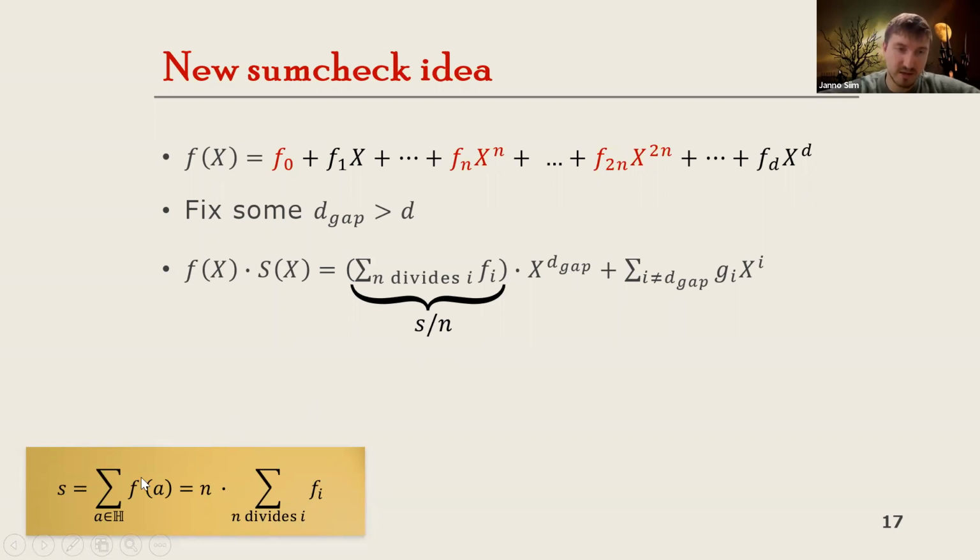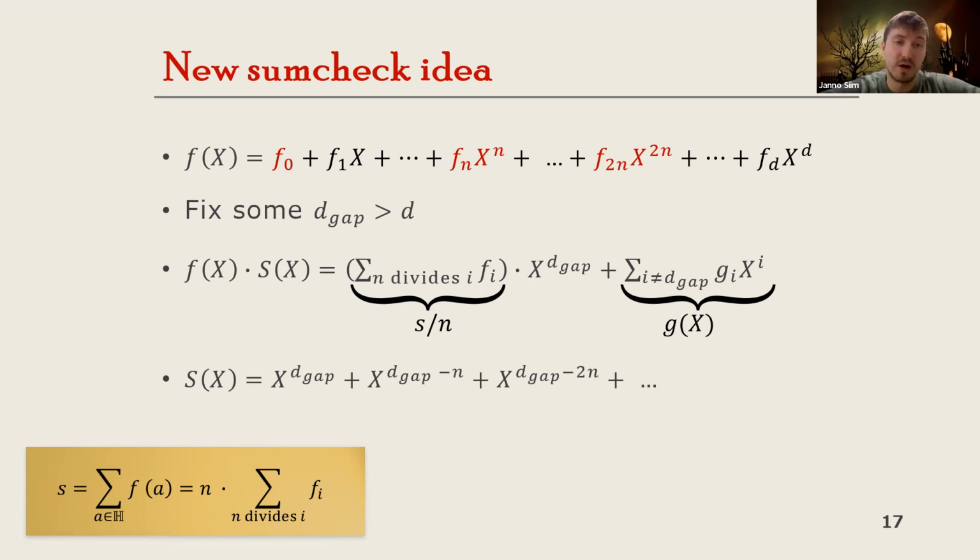Namely, if you look at this formula, then this is actually equal to this sum divided by n, where n is the size of the group. And then for the rest of the coefficients, we don't really care what they are. We denote them by g(x) and let them be. So how do we pick this s(x)? We can pick it as follows.